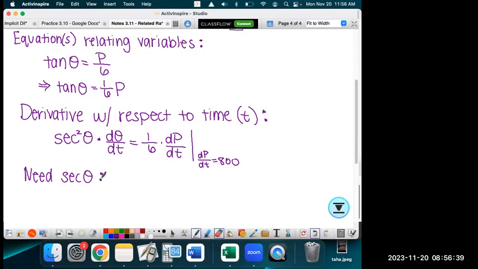So let's see. Secant is which side ratios? Reciprocal of cosine, so cosine being adjacent over hypotenuse, secant would be hypotenuse over adjacent. But really, I only know the one side of the triangle right now. So we have to figure out 12 minutes later what the plane's position would be.